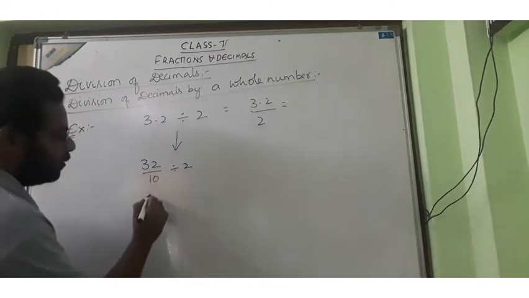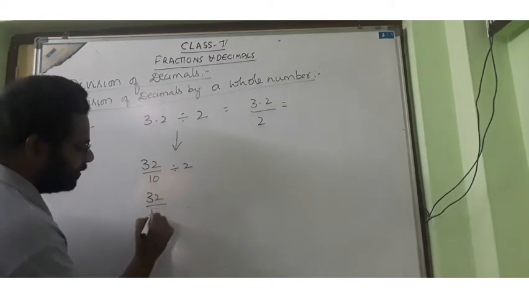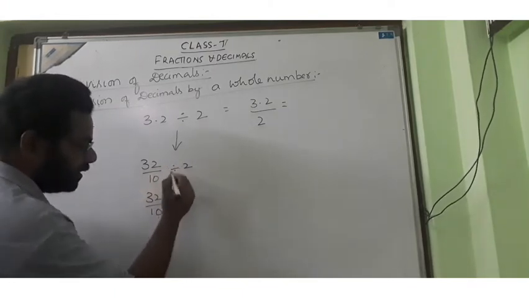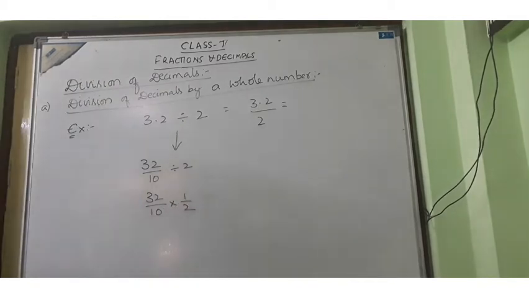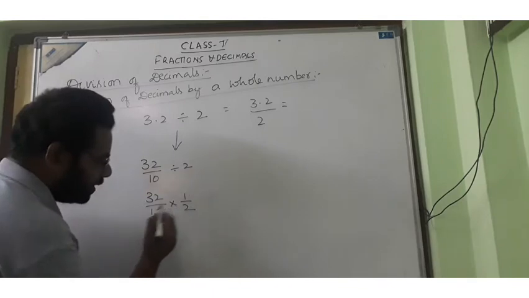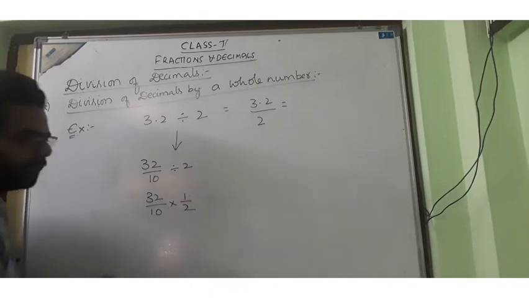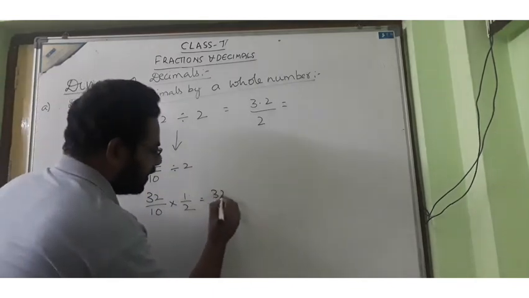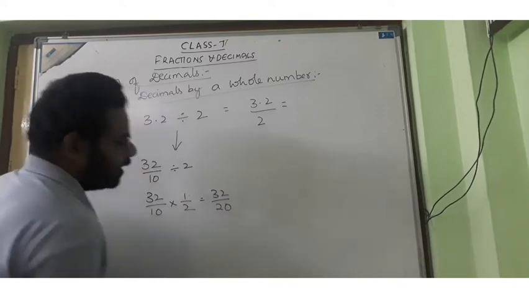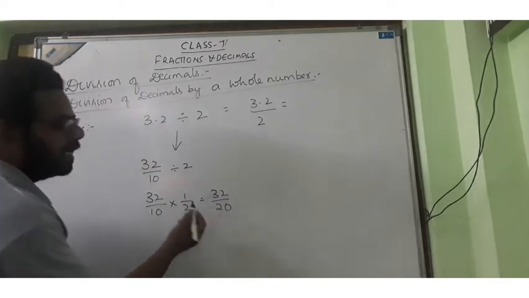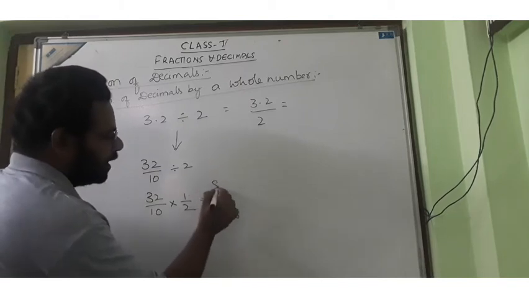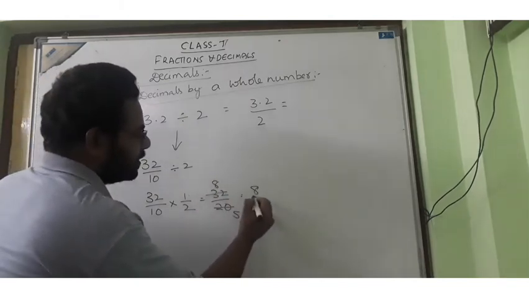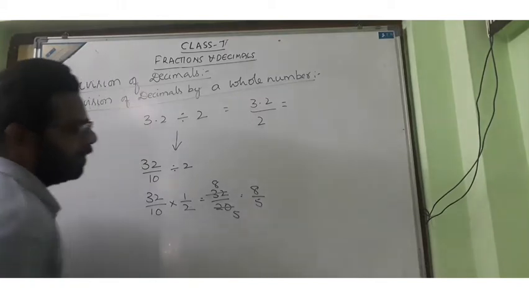Divided by 2 means here it is not possible to do the division directly, so the division is converted into multiplication and it can be written like this: 32 ones are 32, 10 twos are 20. That means 32 by 20. 32 by 20 is directly divisible in the 4 table. 4 fives are 20, 4 eights are 32. That answer is equal to 8 by 5.